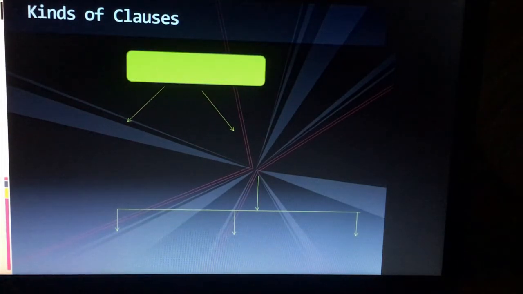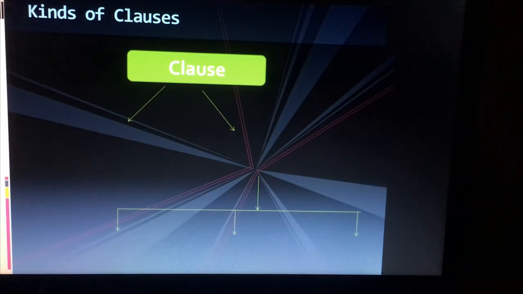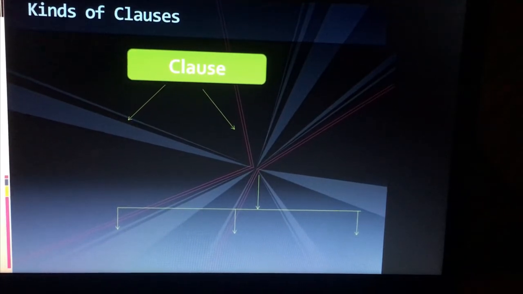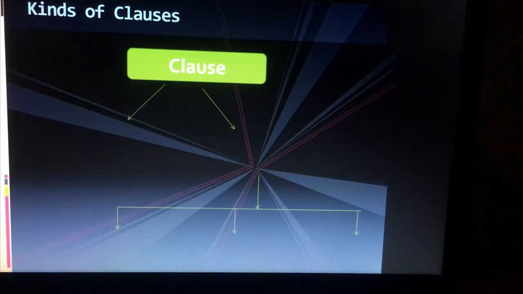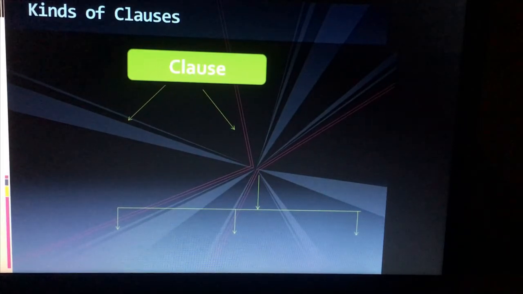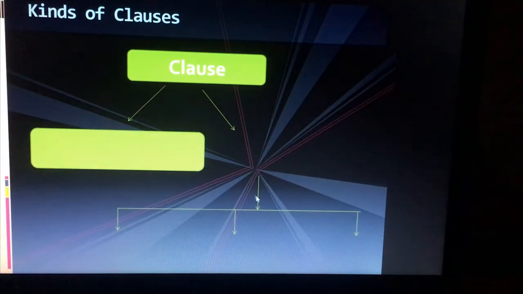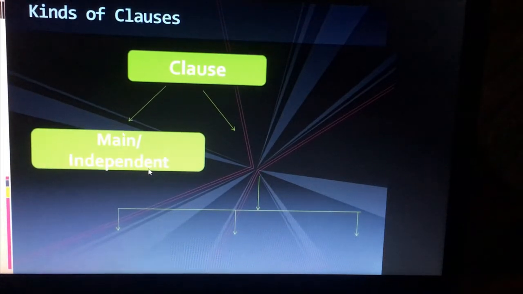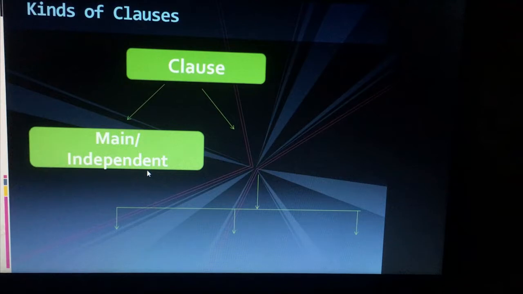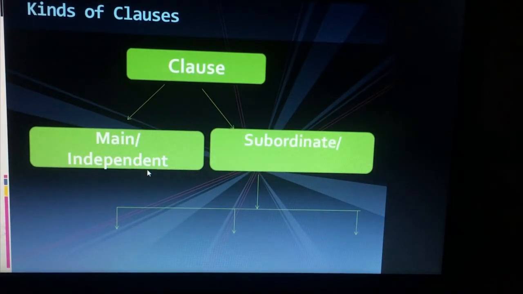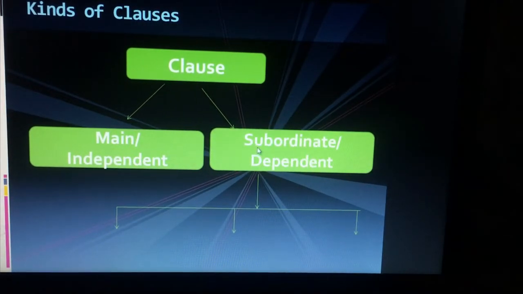Let's see. This is clause. As we know, a clause will have a subject and a verb, and it will sometimes give you the full meaning of the sentence, and it can sometimes stand alone, which is your independent clause, also called main clause. Clauses can be classified as main clause, which is independent clause, and subordinate clause, which can also be called dependent clause.